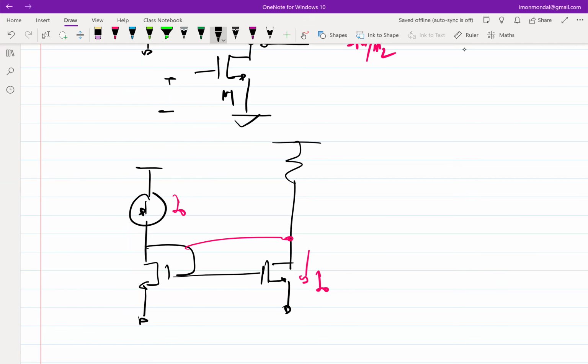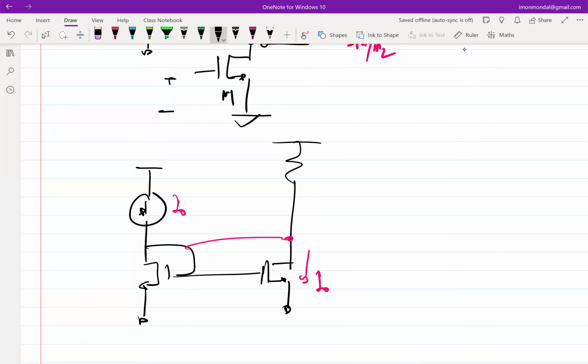So if I connect it like this, what do you think is the output impedance of the transistor on the right, or the configuration? If gate and drain are connected, effectively it's of the order of 1 over gm. So depending upon what gm you choose, it's definitely not a very good current source.